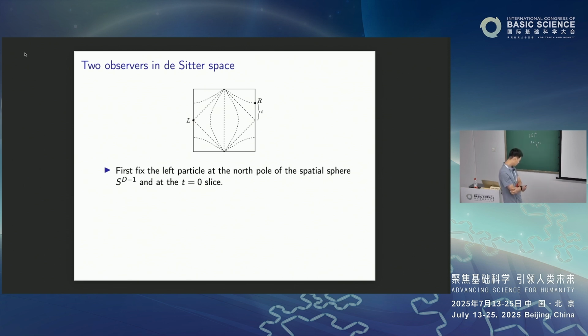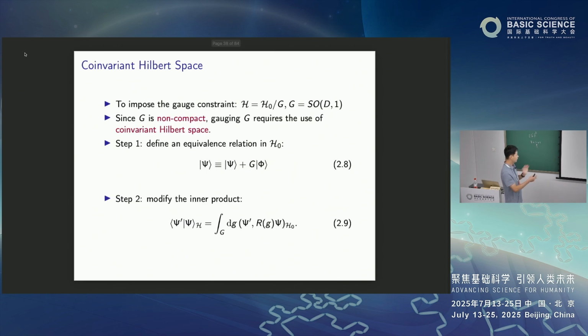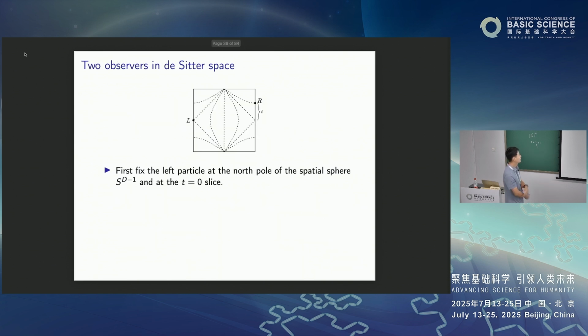So that defines the coinvariant Hilbert space. From now on, let's focus on the Lorentzian case. So we have a de Sitter space. In order to satisfy the constraint, you have to have two observers that carry energy sitting in opposite static patches.